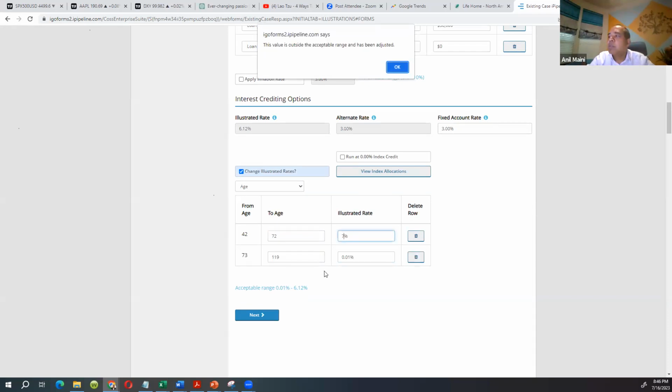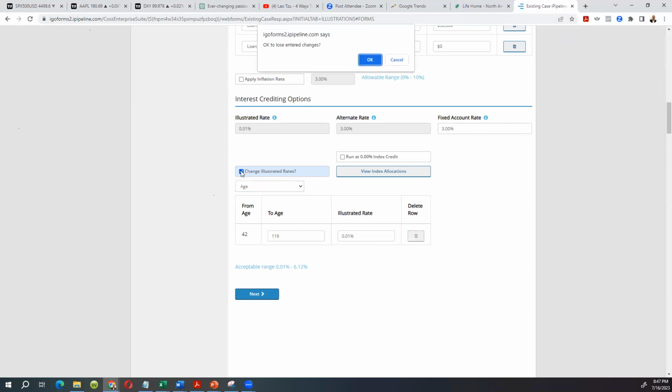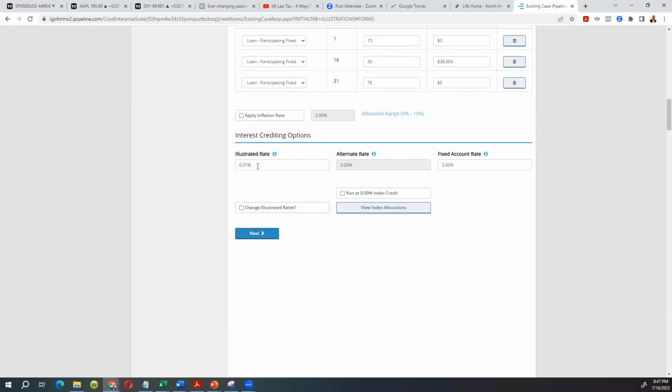Let's see if it allows. Okay, this value is outside the acceptable limit, so they will not allow. And see, on the main page where you select Builder plus IUL, there is an option to run with old rates. You can do it with the old rates.